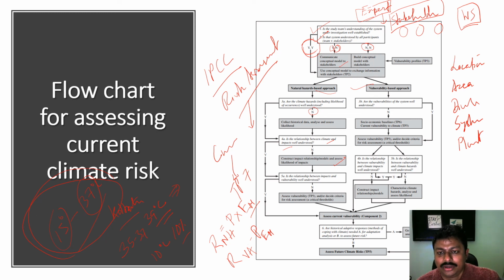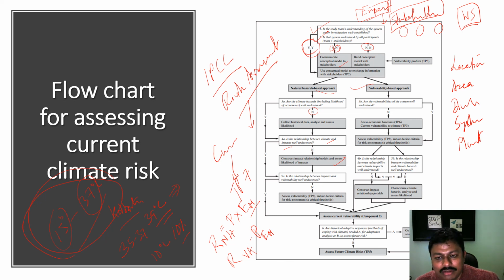Do you know above which value of temperature a hazard can take place? That is the question you must know. If you do not know, then collect historical data and identify that. Then you have to identify the relationship between the climate and the impacts. That is, if the criteria is met and the vulnerabilities take place, then what impacts may happen?